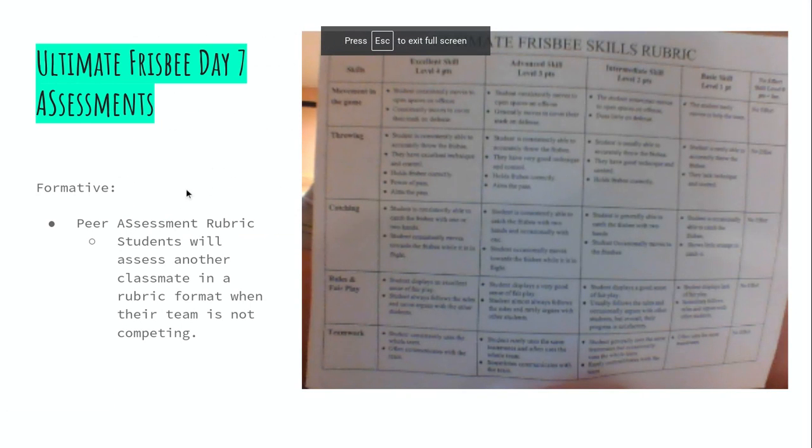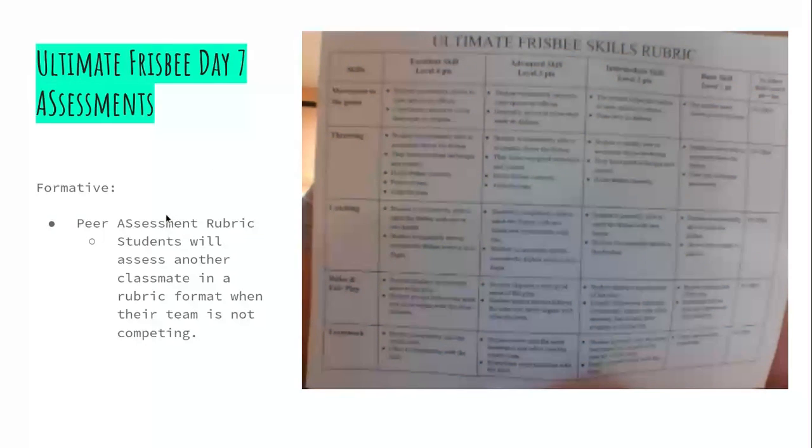Day 7, I apologize about the picture. I know it's blurry and a little bit challenging to read, but this was the students as we were playing our ultimate frisbee game. One team was off.